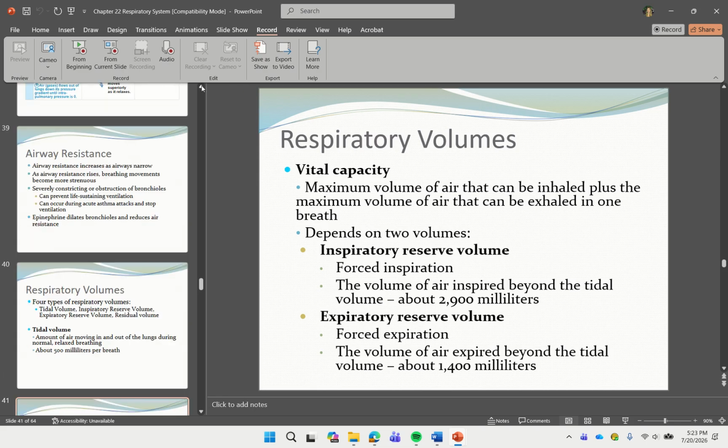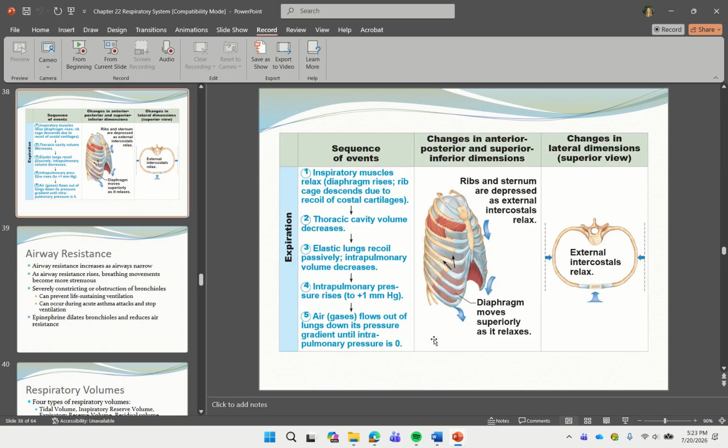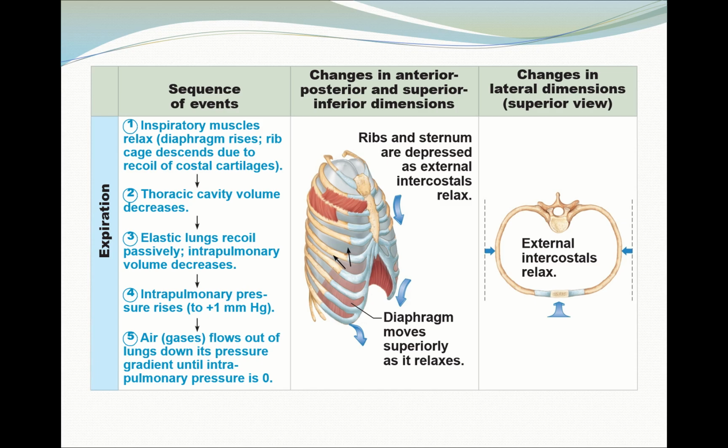Let me get back to it, my apologies. The changes in the lateral dimensions, we can see that the external intercostals will relax. And so as we are inspiring, we are kind of like elongating our chest.